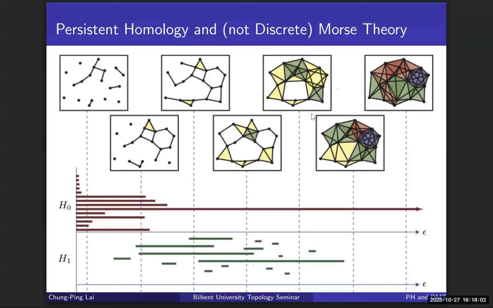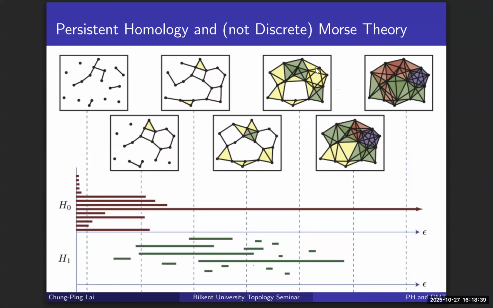But there's another really natural way for Morse theory to be incorporated into persistent homology that is not related to discrete Morse theory. I figure it's good to briefly mention it, in case you're interested, and in case you sometimes see different versions of Morse theory and are confused.